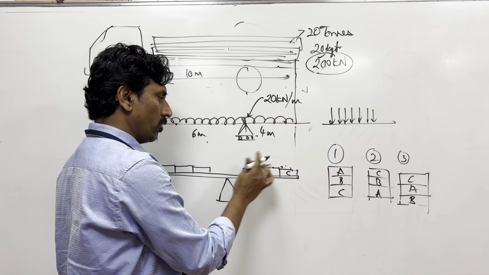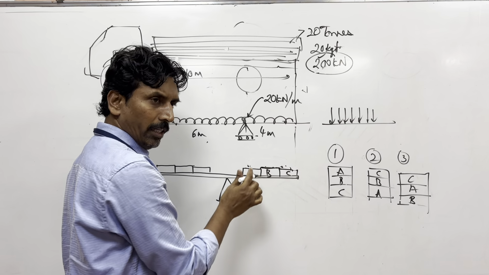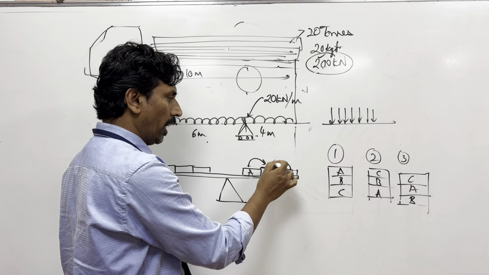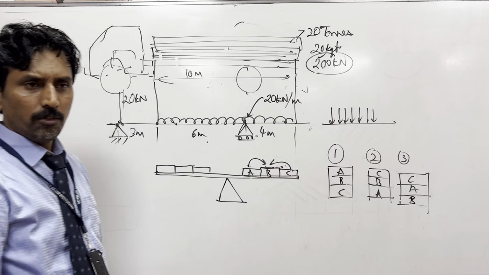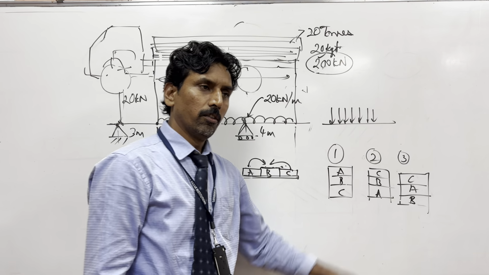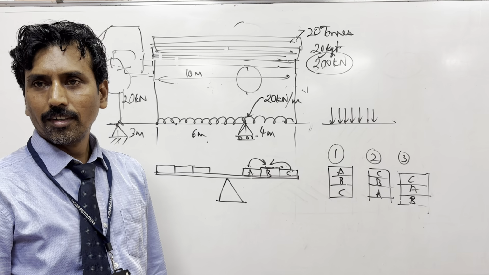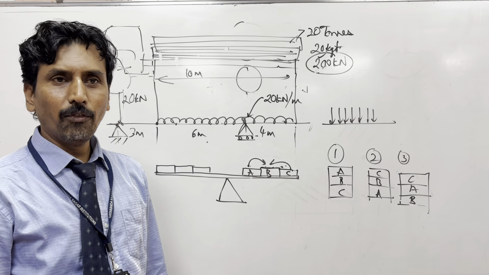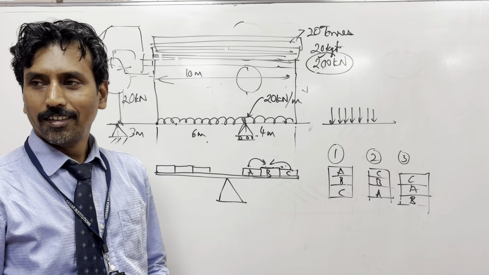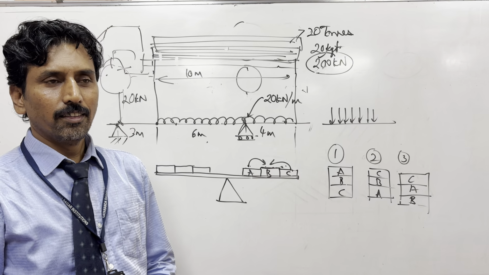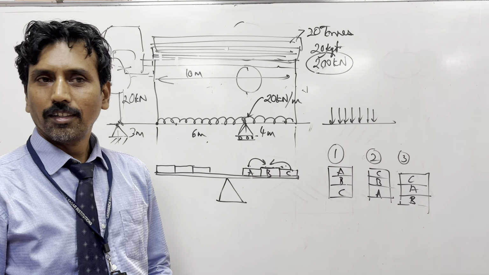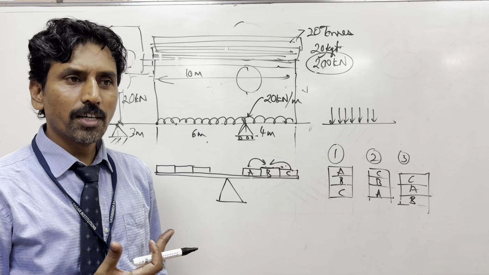The third one is keep B wherever it is, move A here and C here. Is this better? Or are these two better? People are laughing. Guys, what is the answer?